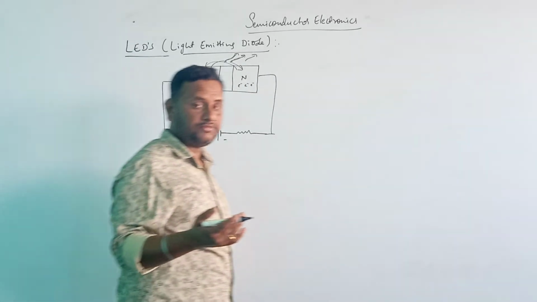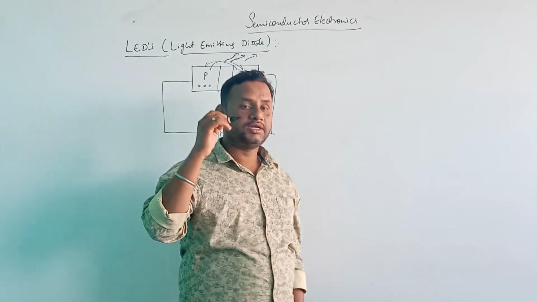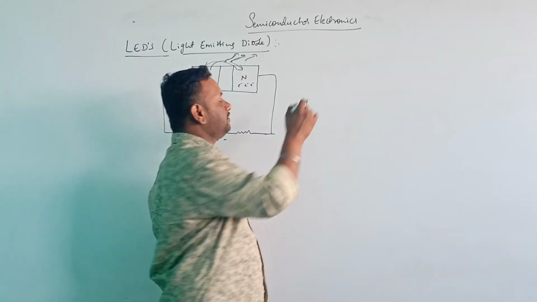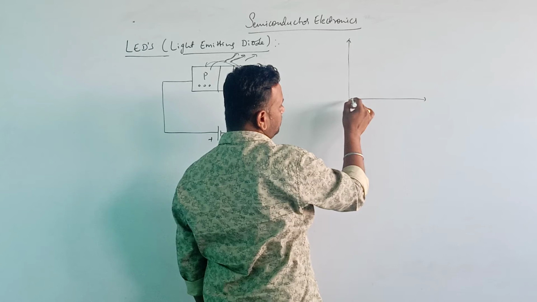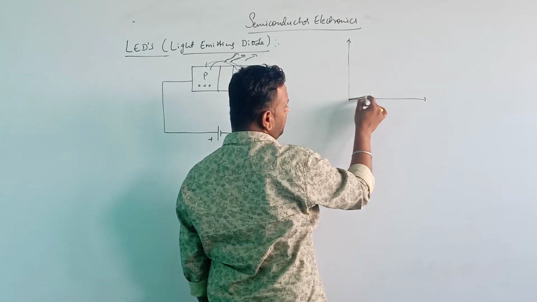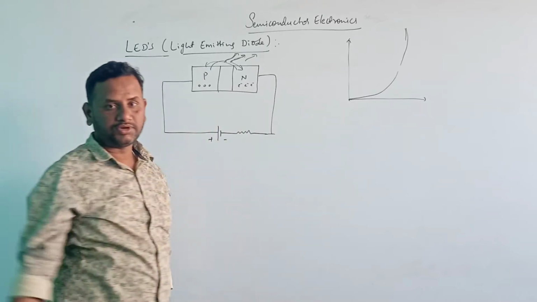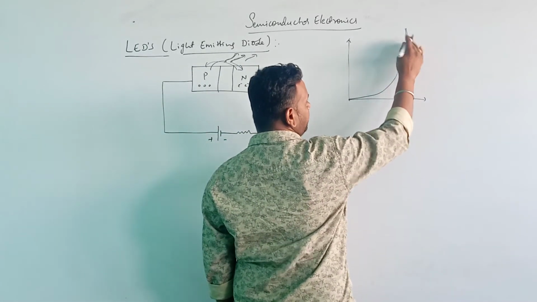As you know, in forward bias we have observed an exponential increase in the current. If you see the nature of the graph, there is an exponential increase in the current. We have seen this graph in forward bias.